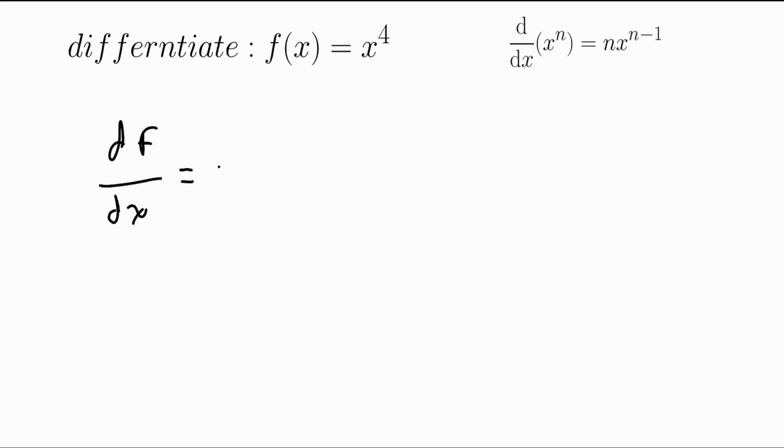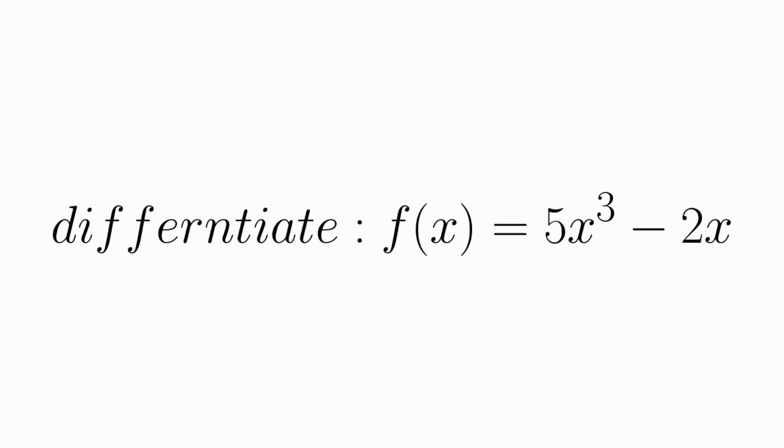So it's going to be equal to 4 times x to the 4 minus 1, which is just going to be equal to 4x cubed. And that's our final answer. Simple.